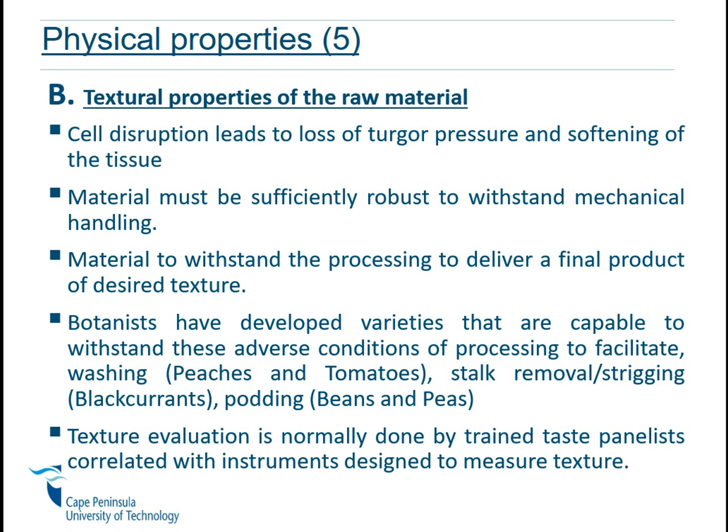Some people say it's tender, it's tough, it's chewy, and all those things. But in addition to human beings, we can also use instruments that are designed to measure texture, like a plunger. So you put a plunger into your apple, and it will tell you how firm your apple is, right?